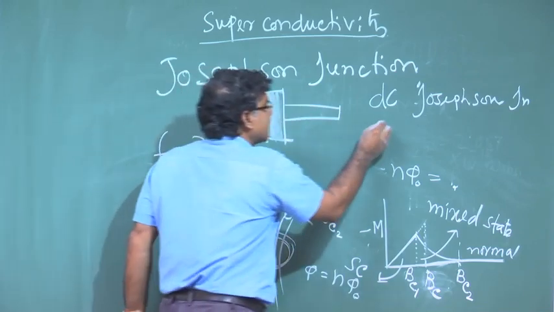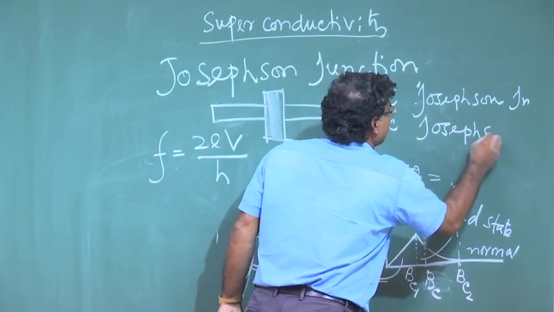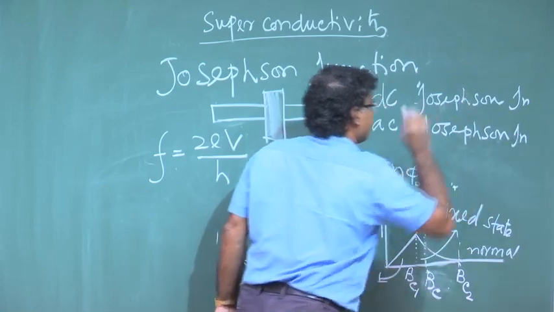So, that is called the AC Josephson junction.